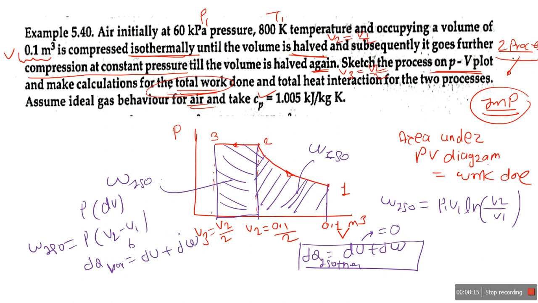Work done we can calculate as P(V2 minus V1). The change in internal energy is mCv delta T, that is (T3 minus T2). So it is necessary to first calculate the two temperatures T2 and T3. First we calculate T2, then T3, then we add total heat and total work.